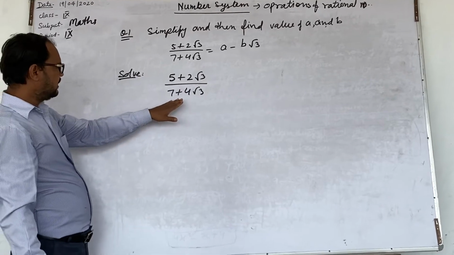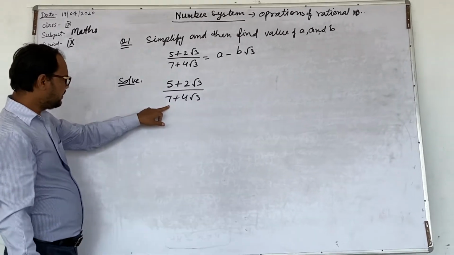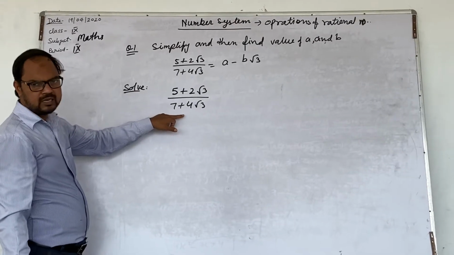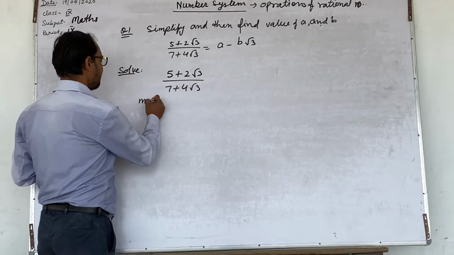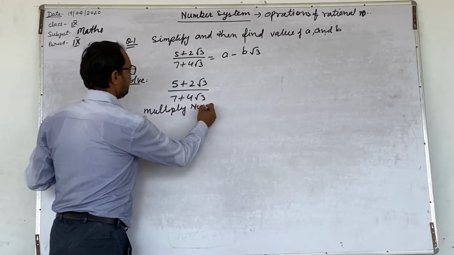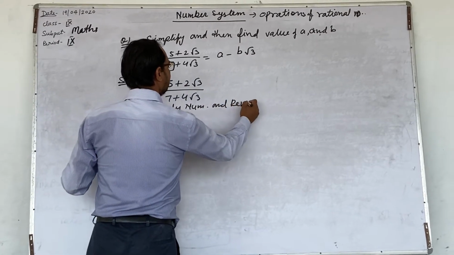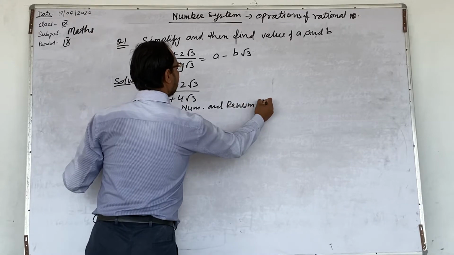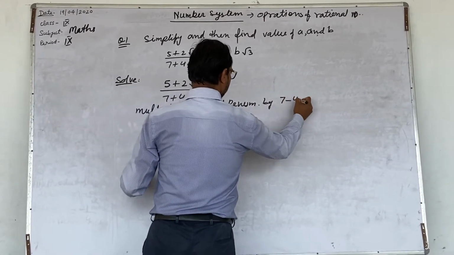डिनोमिनेटर को रेशनलाइज करने के लिए क्या करेंगे हम? सेम से मल्टीप्लाई कर देंगे, बट प्लस की जगह क्या यूज करेंगे? माइनस. एज यू नो वेन, सो मल्टीप्लाई न्यूमरेटर एंड डिनोमिनेटर बाई 7 minus 4 root 3.